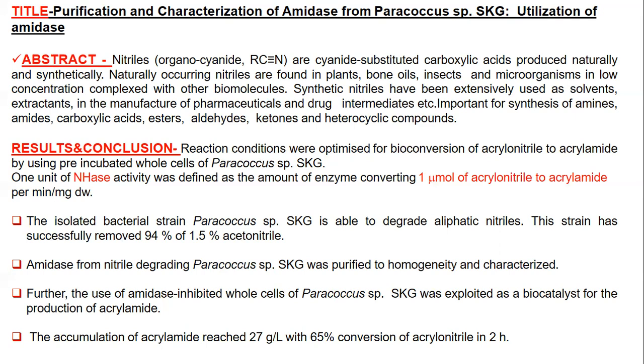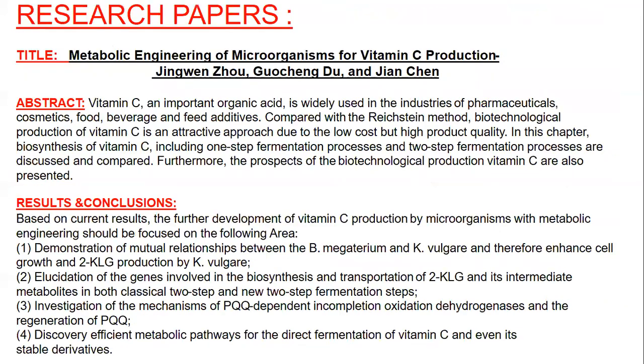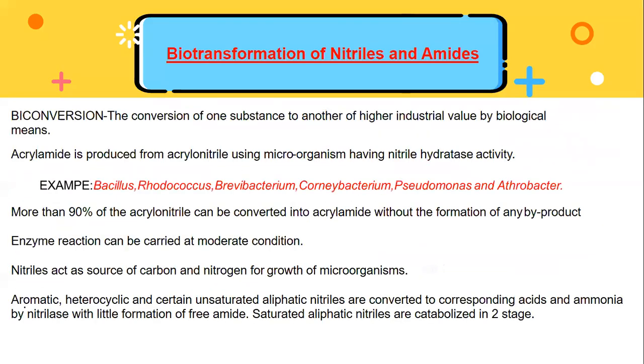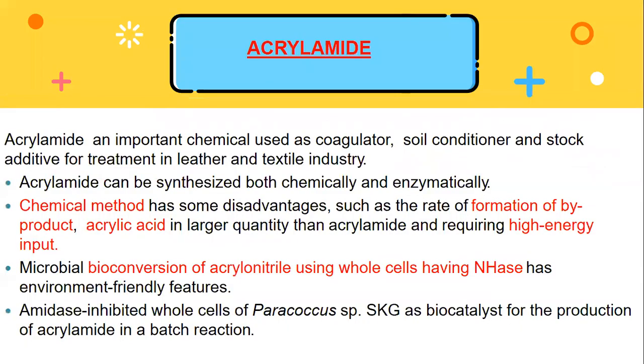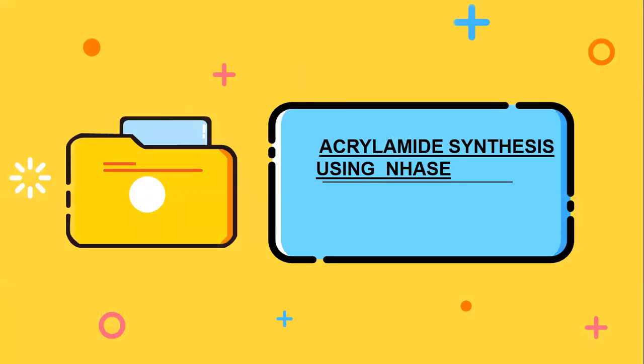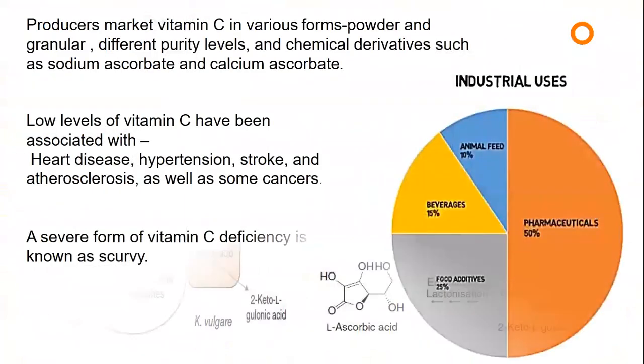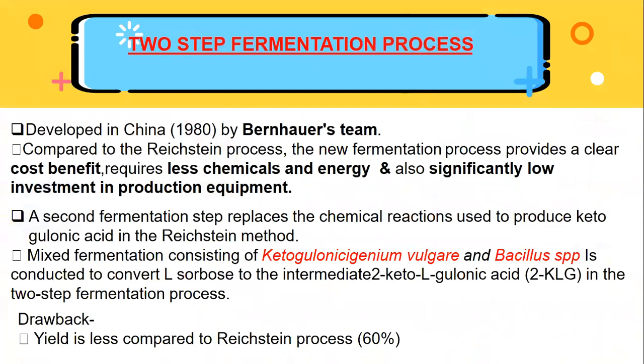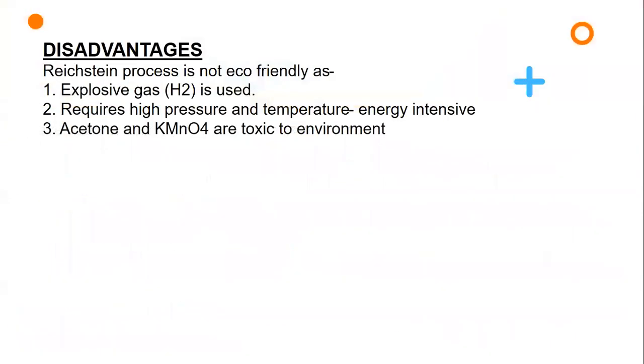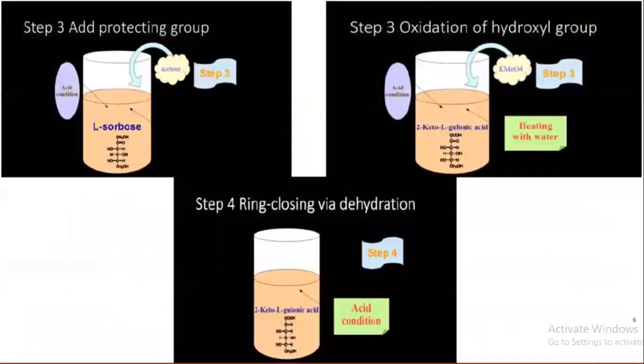I hope you are clear with the two topics, which are vitamin C production and acrylamide production using nitrile hydratase. In both processes, we see how microbial use is there. In vitamin C production, we use cultures of various forms, mainly Leuconobacter and Acetobacter.